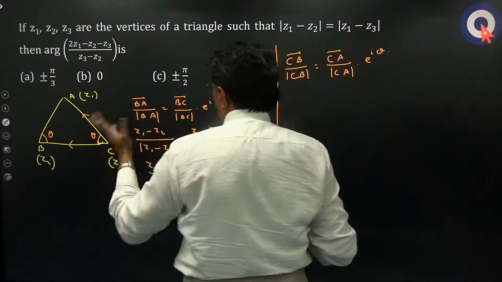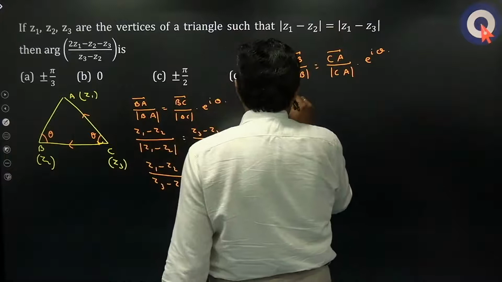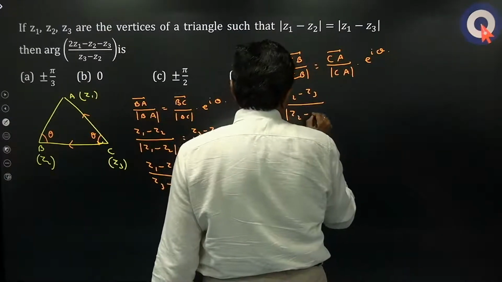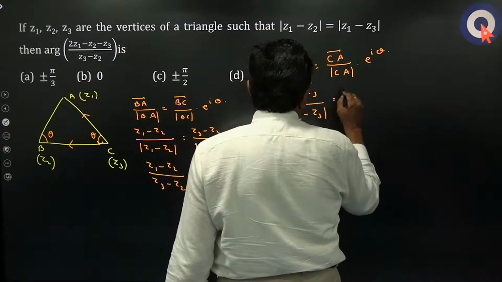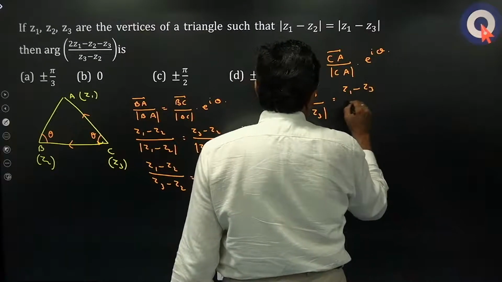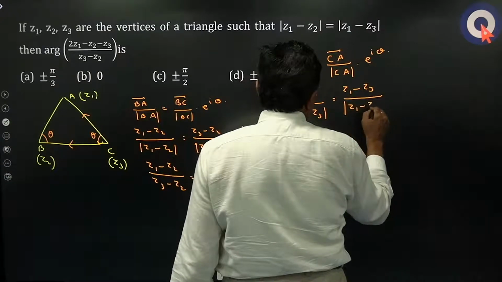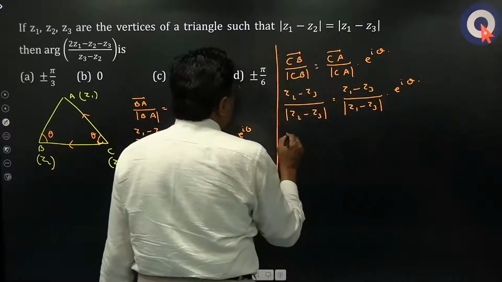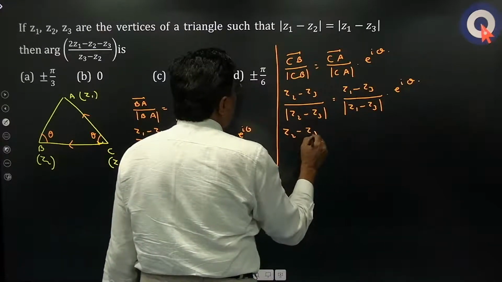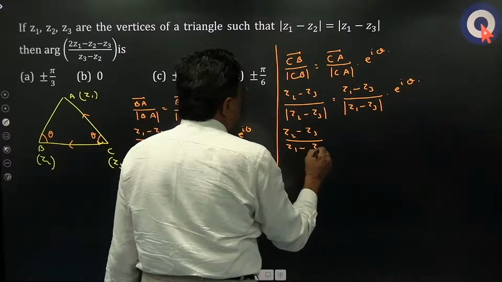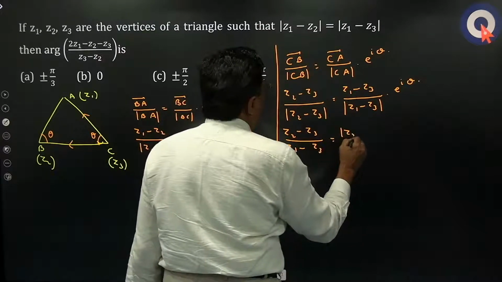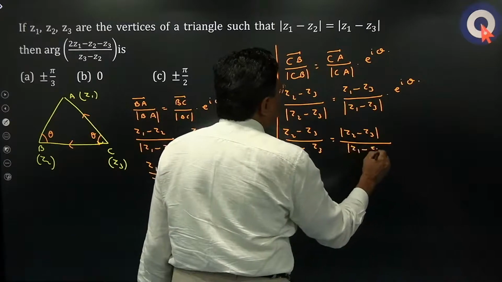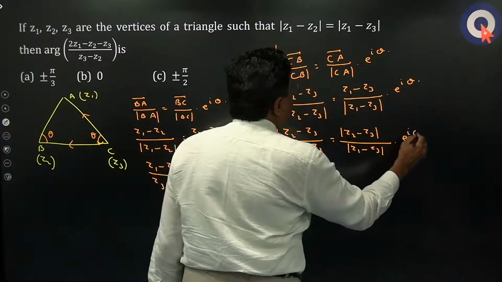The direction is anticlockwise. So this becomes Z2 minus Z3 by mod Z2 minus Z3 is equal to Z1 minus Z3 by mod Z1 minus Z3 into e power I theta. So this becomes Z2 minus Z3 by Z1 minus Z3 is equal to mod Z2 minus Z3 by mod Z1 minus Z3 into e power I theta.